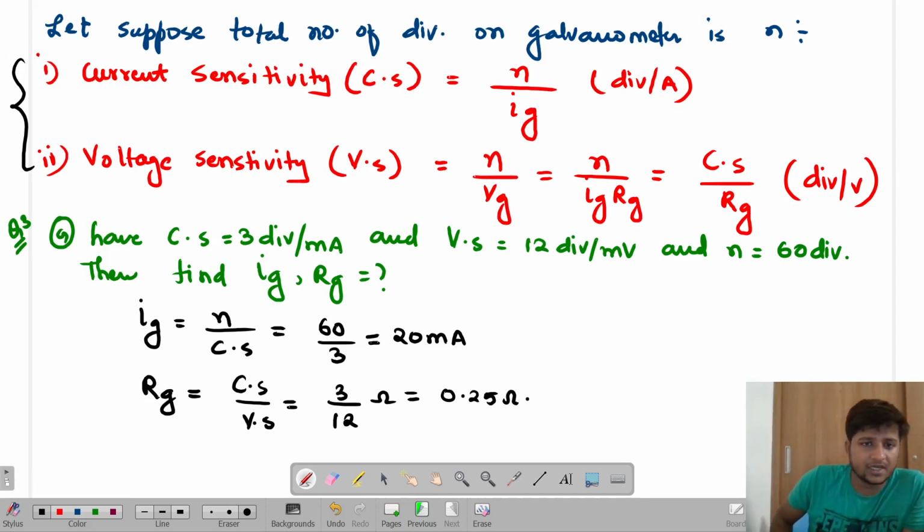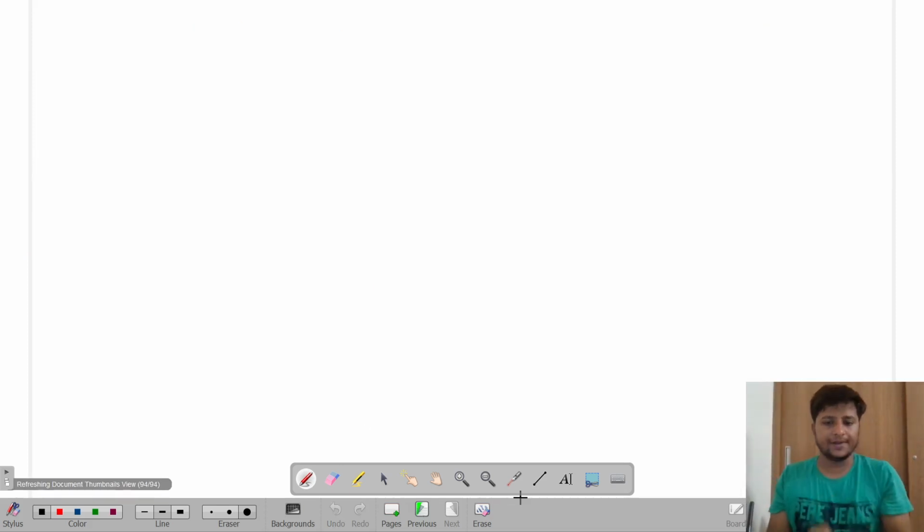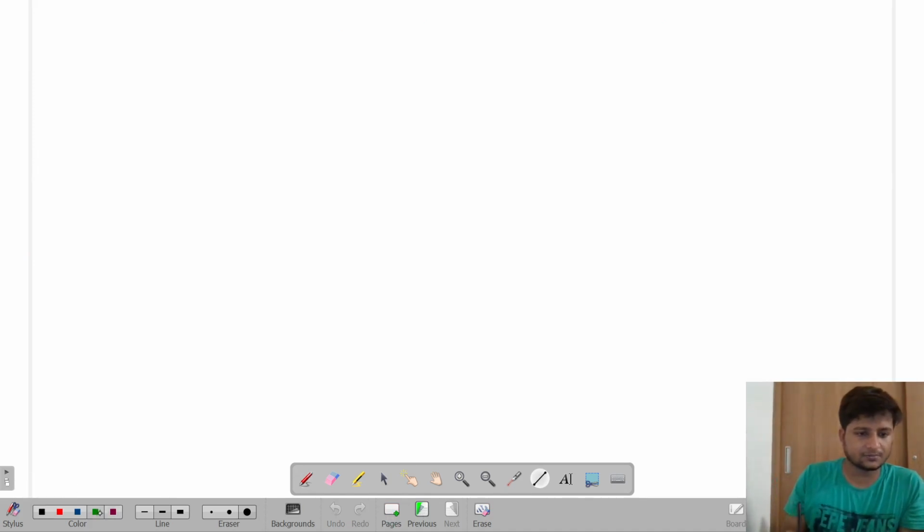If there is no ammeter and voltmeter with you, you can convert the galvanometer itself, which is cheaper, into the ammeter and the voltmeter. Are you able to get me or not? Okay.